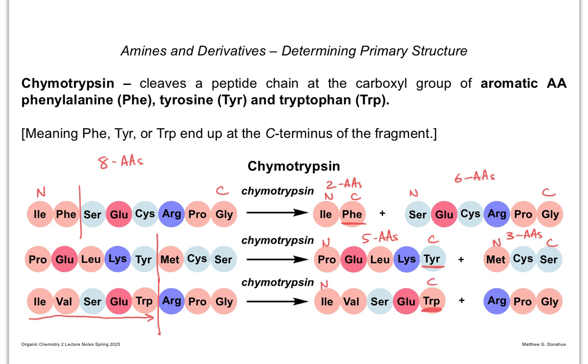That now ends up at the C-terminal residue of this 5 amino acid chain. So these enzymatic methods, again, are going to scan for specific amino acids, either the basic or the aromatic, and cleave them in a selective manner.